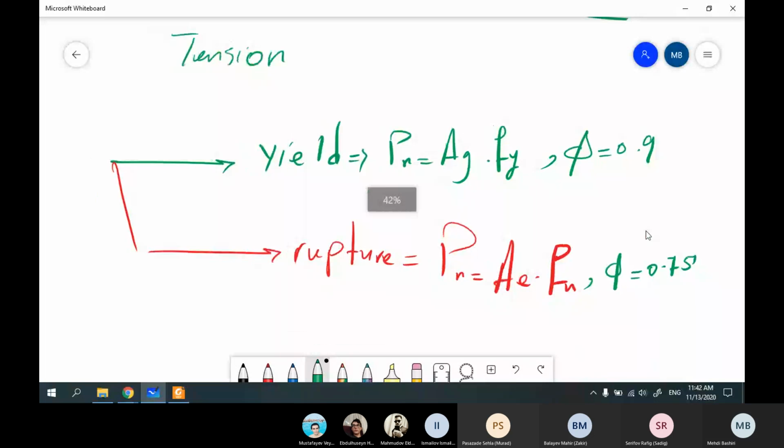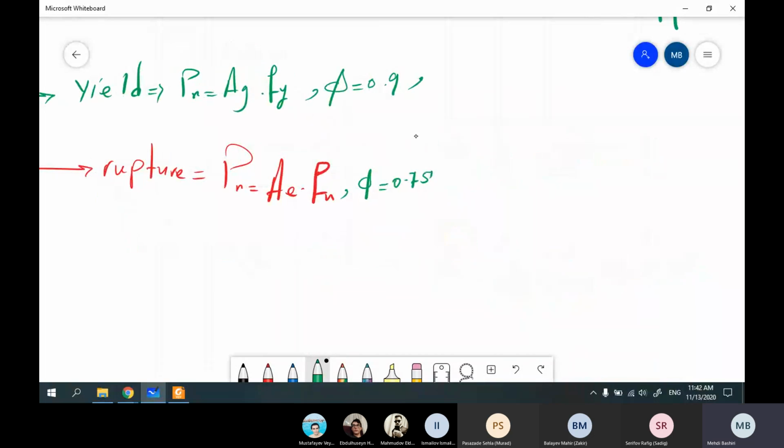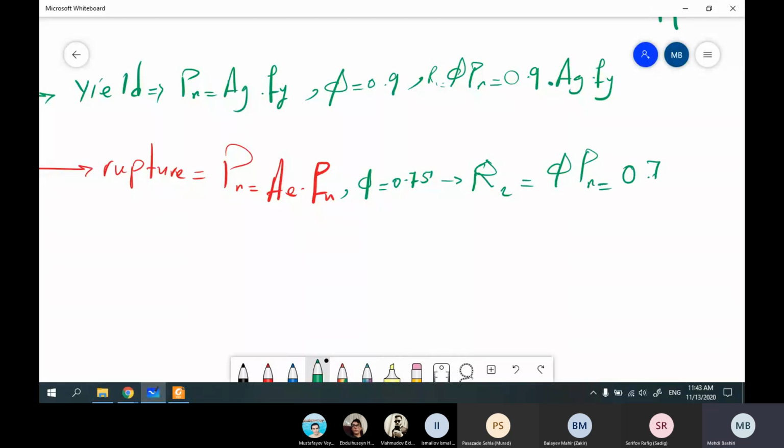Okay, and the final capacity phi Pn: for this one, R1 is 0.9 Ag Fy. For this one, R2 is 0.75 Ae Fu.